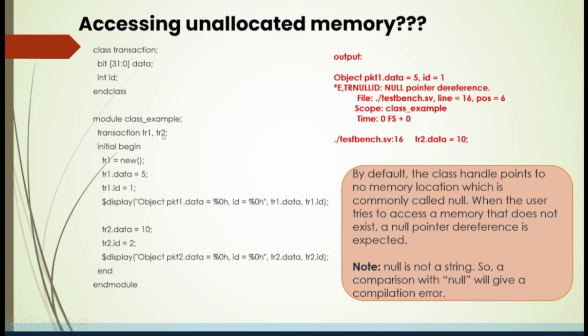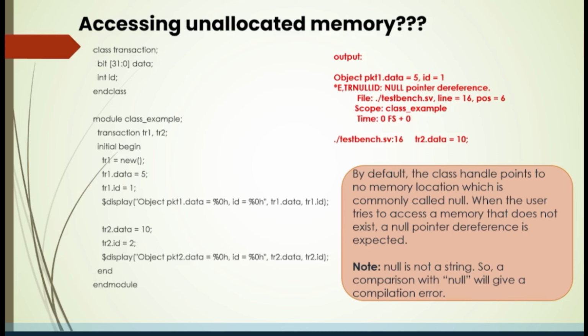These two handles can hold two different values, that is data and id. My first handle's data and id values are 5 and 1. My second handle's data and id values are 10 and 2. So for different handles, even though the properties are the same, they can have different values in different class handles.